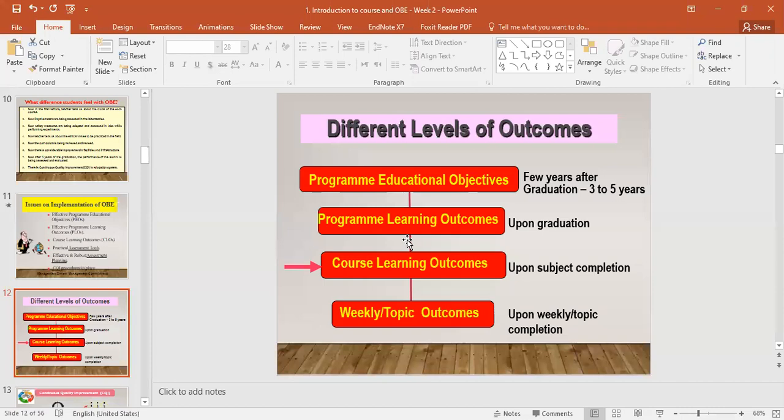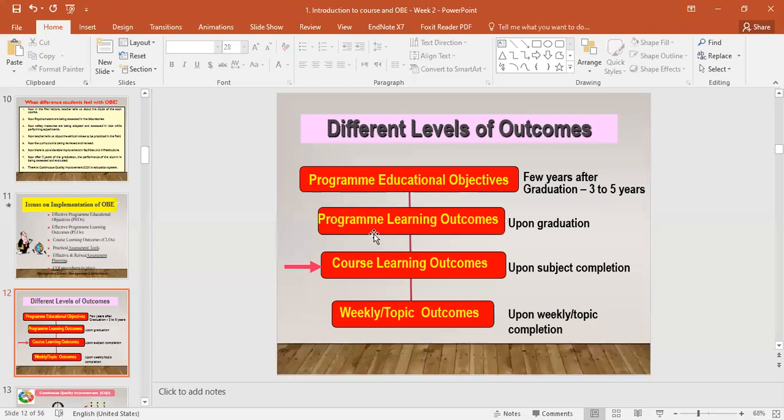Then the course learning outcome: the graduate will achieve the CLOs at the end of each course. There are also program learning outcomes for engineering programs such as agriculture engineering, environmental engineering, energy system engineering, and others. So the student will achieve these.